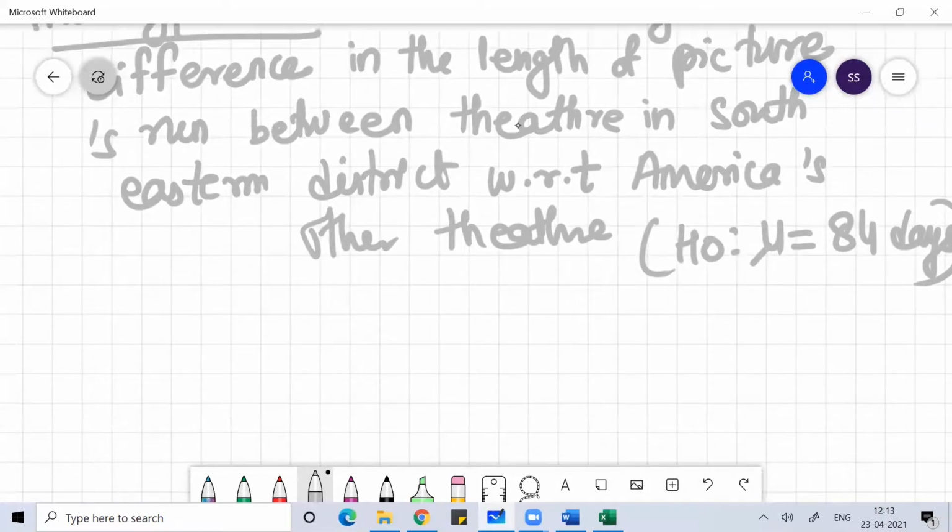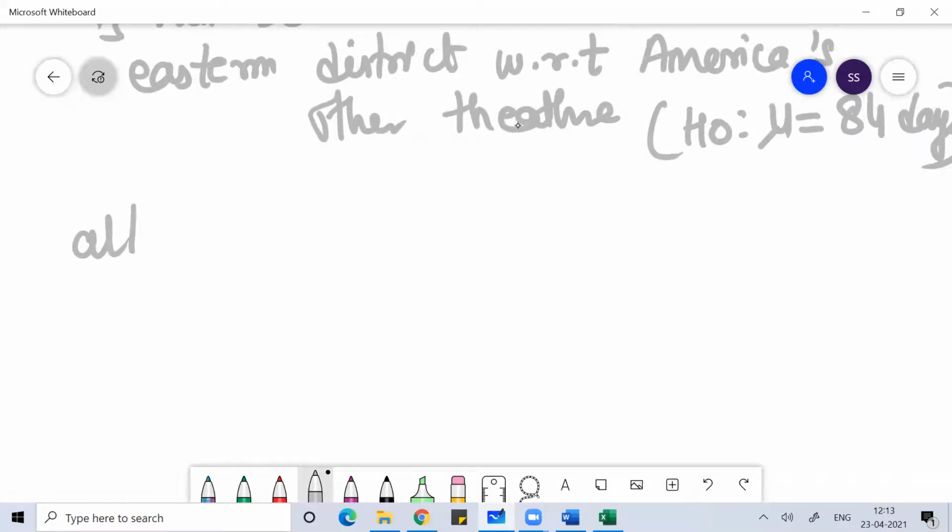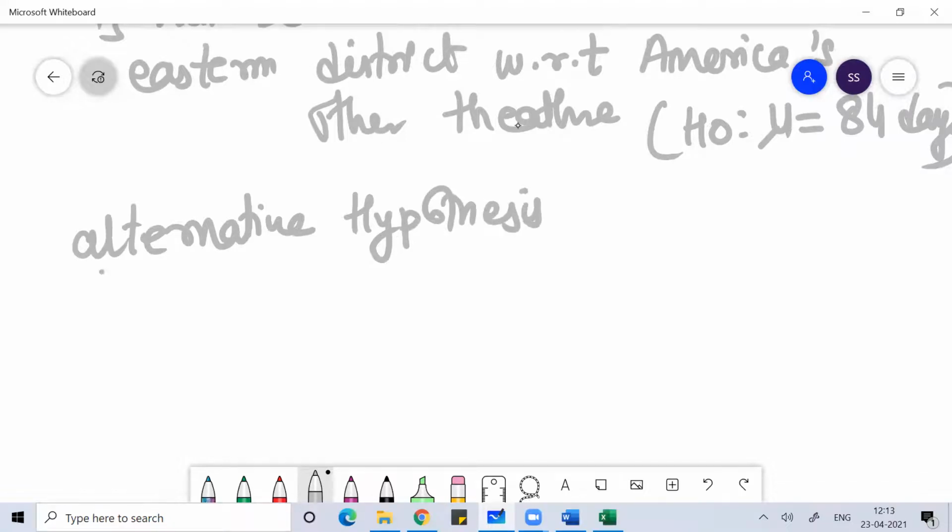Then I'll write my alternative hypothesis. In the null hypothesis, I wrote there's no significant difference.